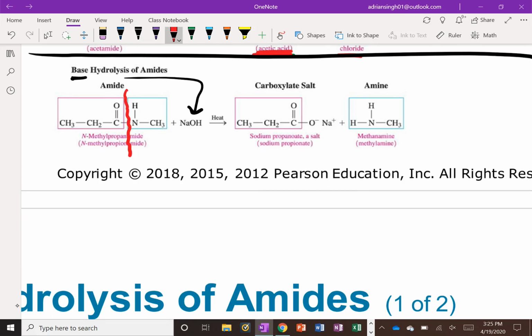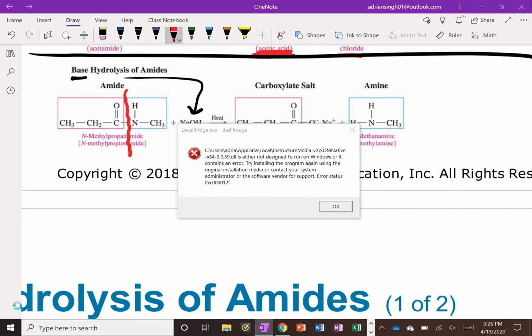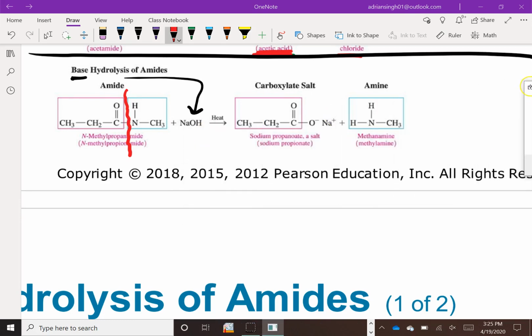Then we attach the O and the Na to the carbon of the carbonyl, and the H from the NaOH gets attached to that nitrogen of the amine. So we stick in here the O minus and the Na plus to make it a salt now of that carboxylic acid.